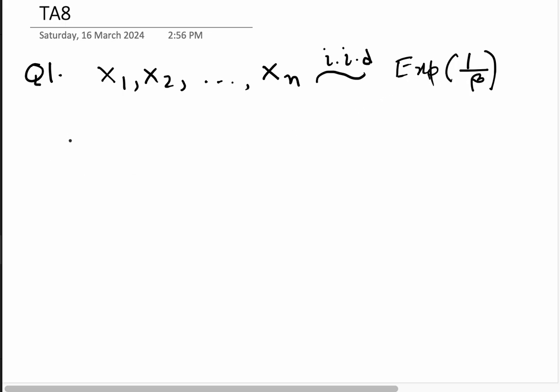Now we have to find the expectation value of the order statistic of order 1.